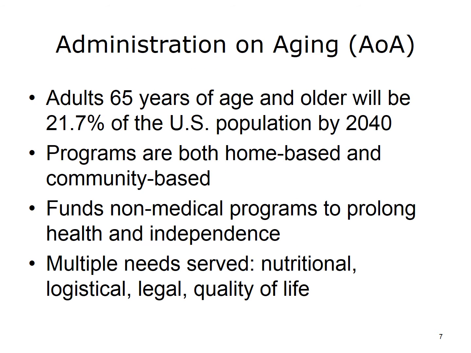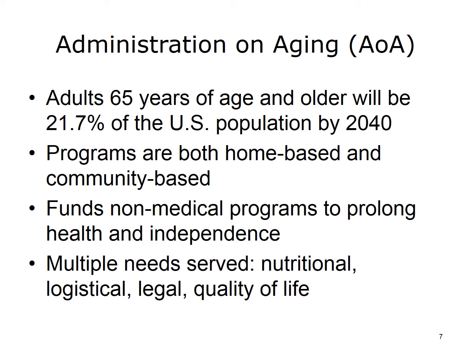Next is the Administration on Aging, or AOA. According to government census projections, people aged 65 and older will represent 21.7% of the population by the year 2040. Individuals who are currently age 65 can expect to live on average about another 18 years.